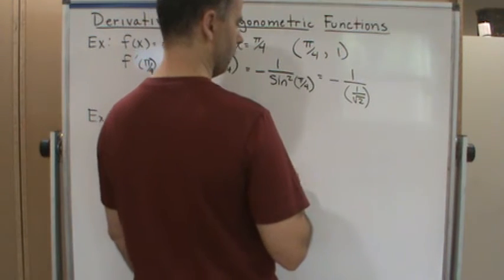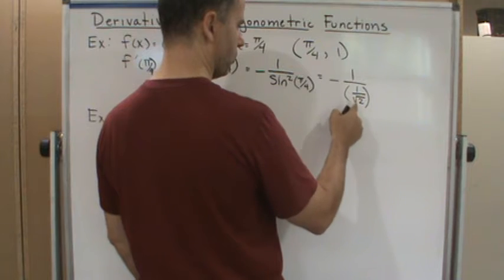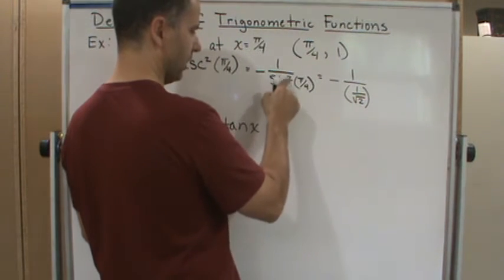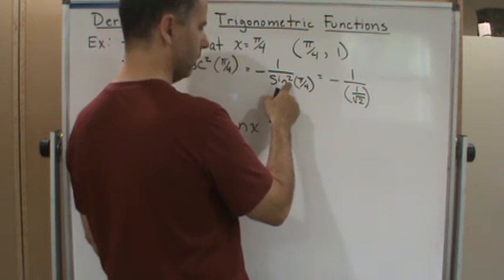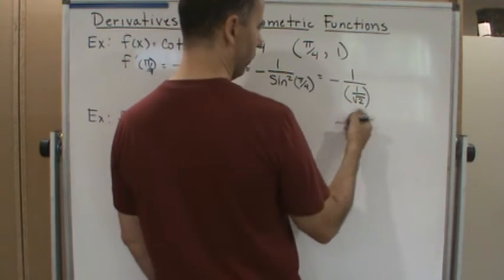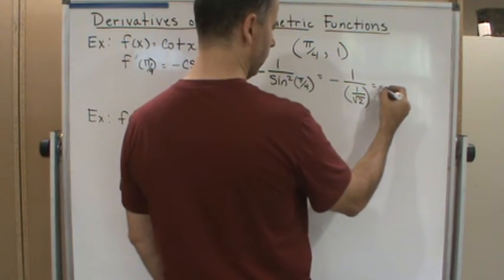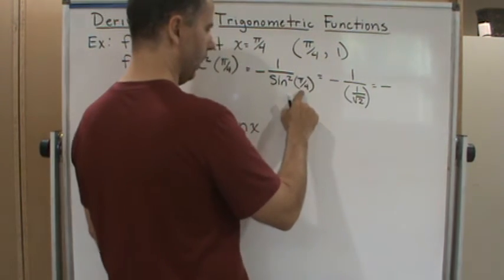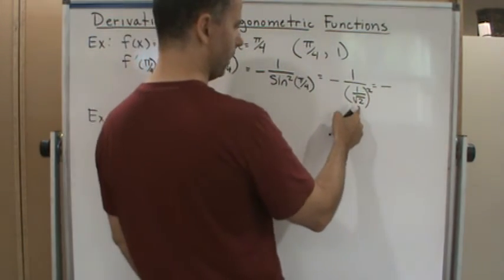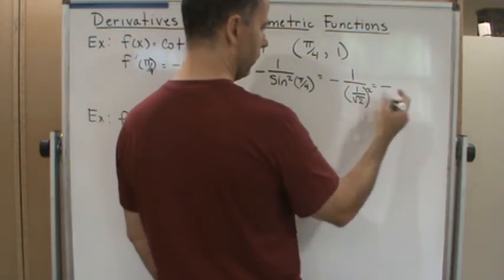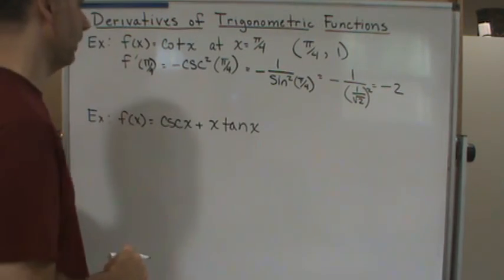Normally we'd rationalize this and say square root of 2 over 2, but I notice this is going to be 1 over and we're squaring it, so we don't really have to rationalize it because it's going to undo itself. So this is going to be negative, squared, and this just becomes 1/2. So then this is going to be negative 2. So the slope is negative 2.